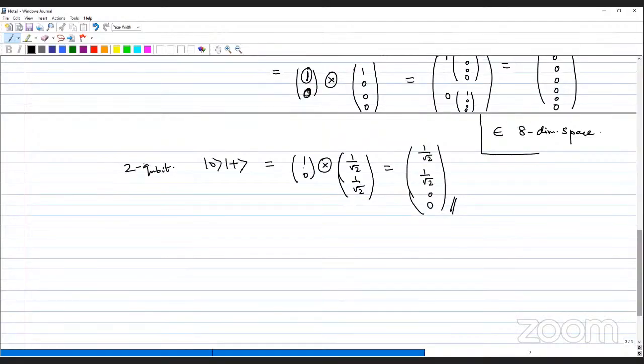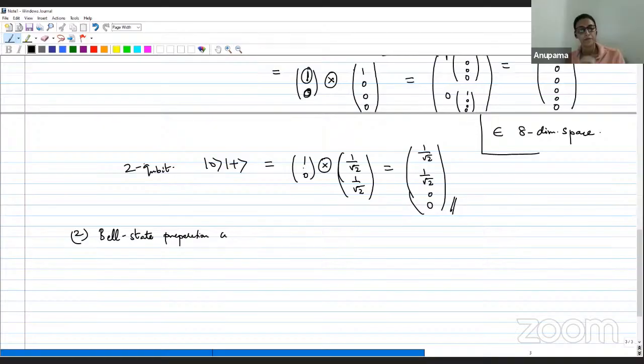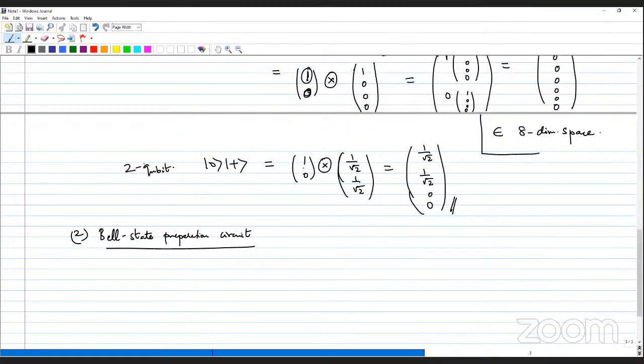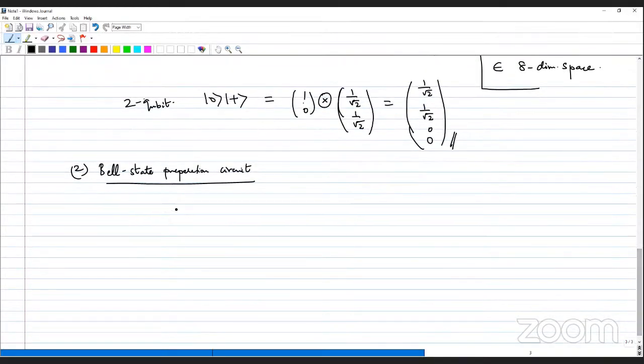Let me explain this with the Bell state preparation circuit. Let me draw the circuit first. By now everyone should be familiar with this.